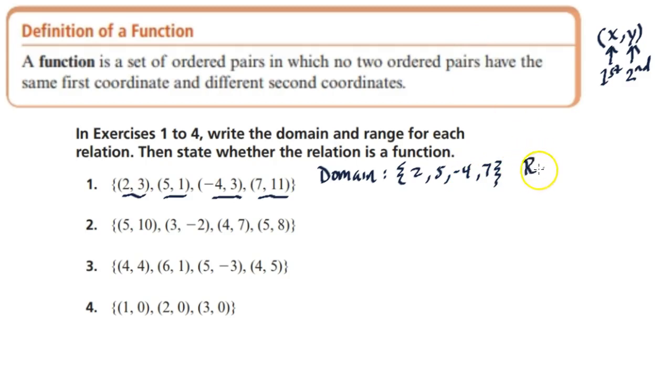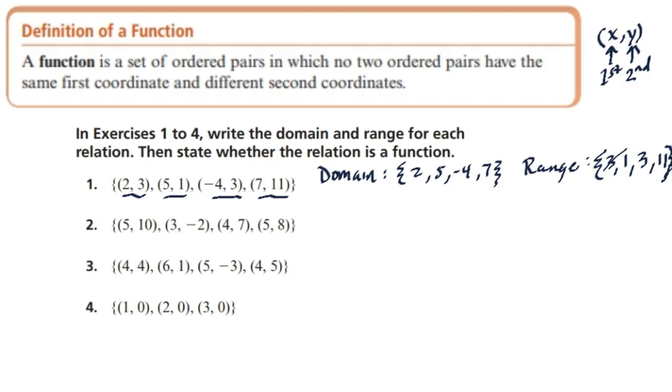And then the range would be the set of all the second coordinates: 3, 1, 3, and 11. We don't really need to count the 3 twice, so we can just cross out one of the 3's. We don't need to repeat it twice.